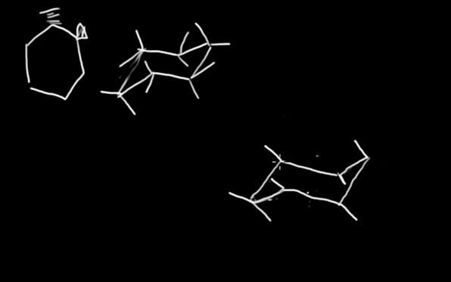Next, the equatorial substituent here. Count 2 bonds over, 1, 2, this direction, 1, 2. These are both parallel, this is going to be parallel to them. Bam. We have our second substituent. We do the same thing here, equatorial, 1, 2, 1, 2. This is the direction they face. This is the direction that faces. So far so good, we're done. Over here, 1, 2, 1, 2. Those lines are parallel, this is parallel to them.